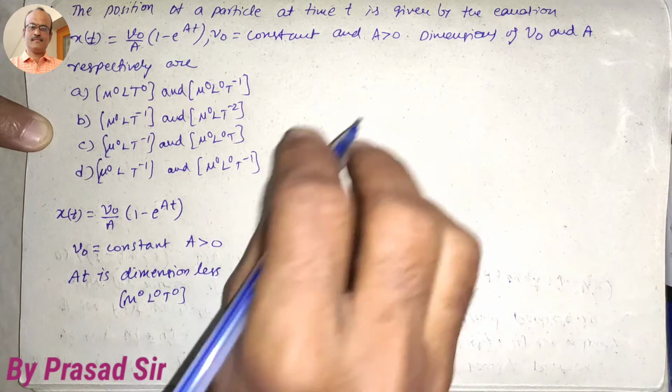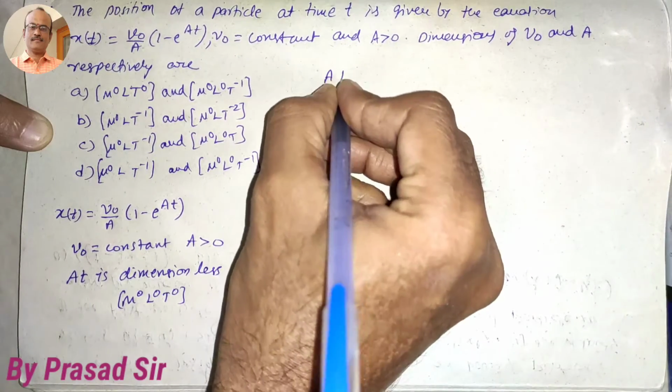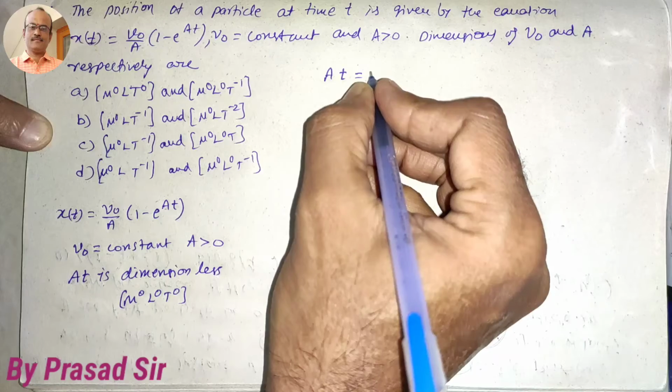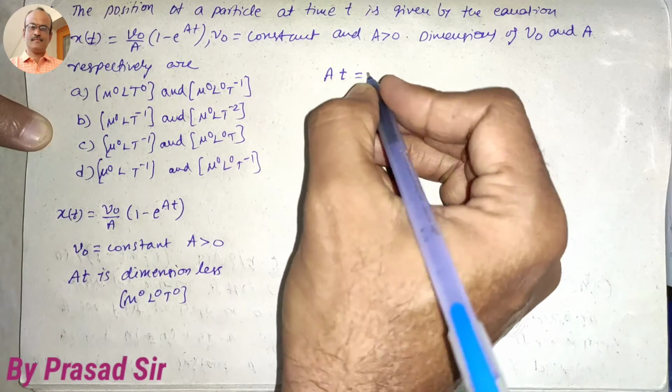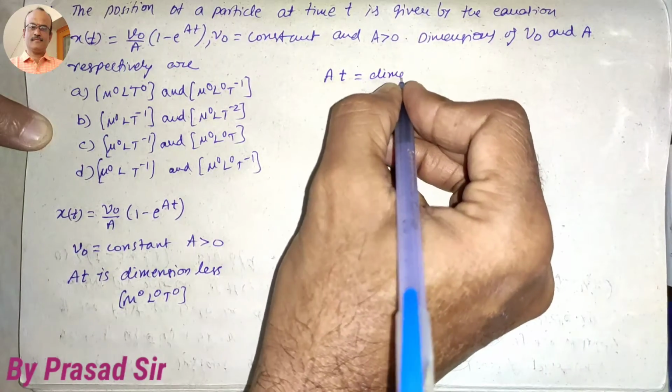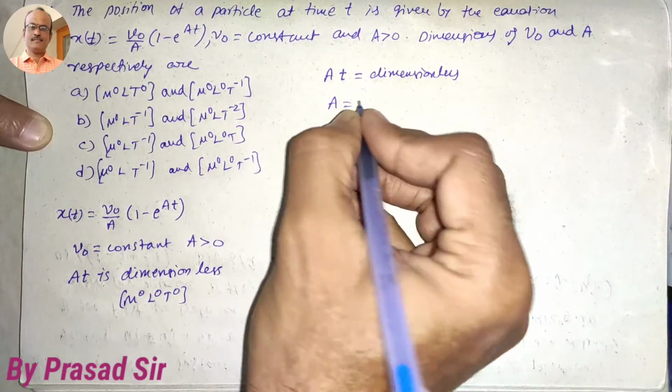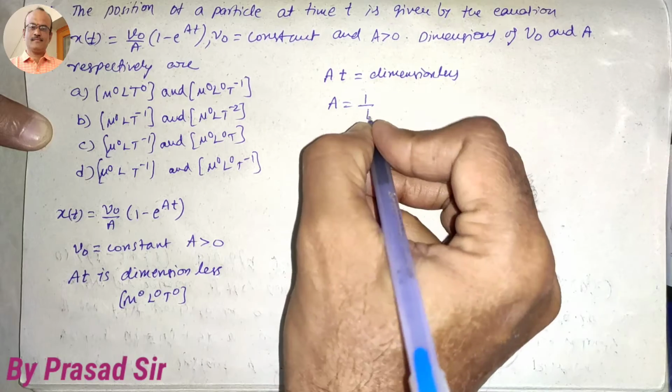So a into t is dimensionless. That means a is equal to 1 by t.